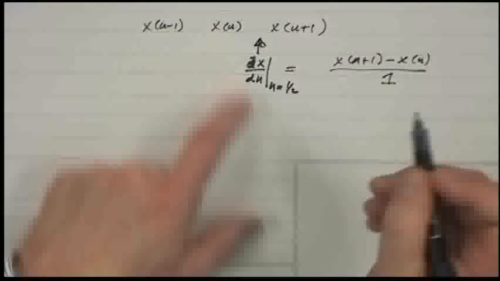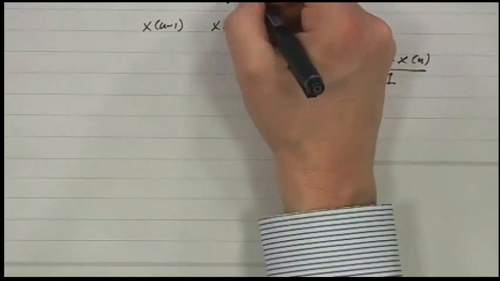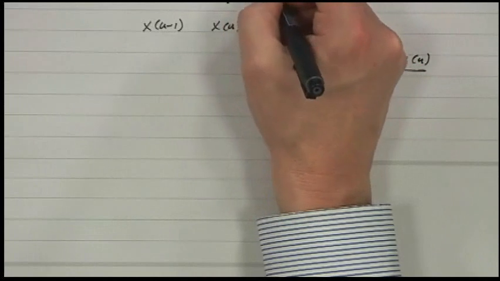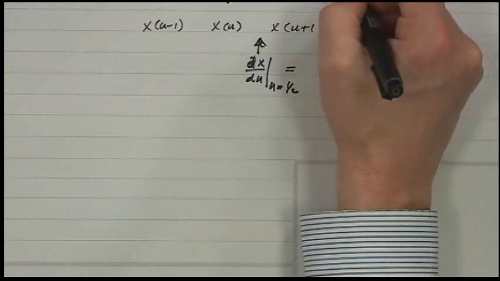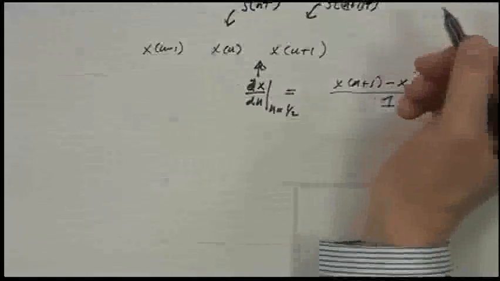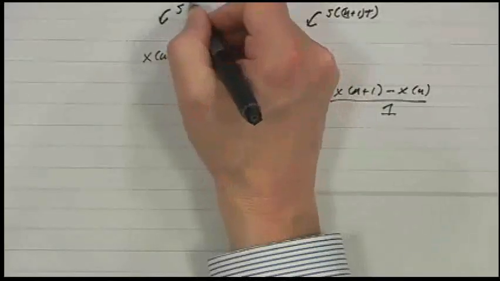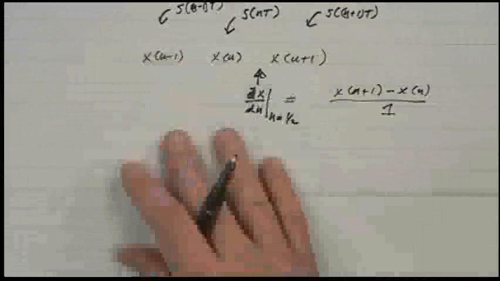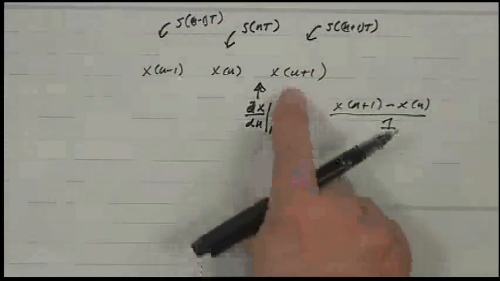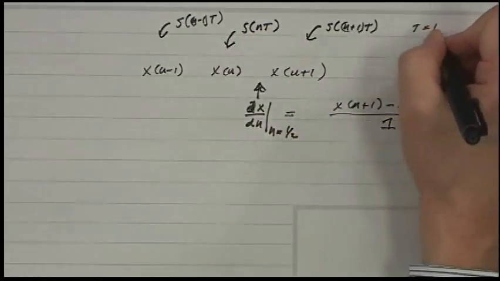So x of n here is equal to some underlying signal, s of nT. And then this is s of (n plus 1)T. See, because it's a sampled signal. And let's assume that the signal's smooth in time. x of n minus 1, T, right? So now if I want to approximate the derivative of s, we better make T equal to 1 here.